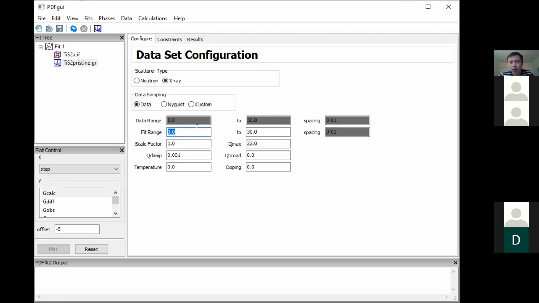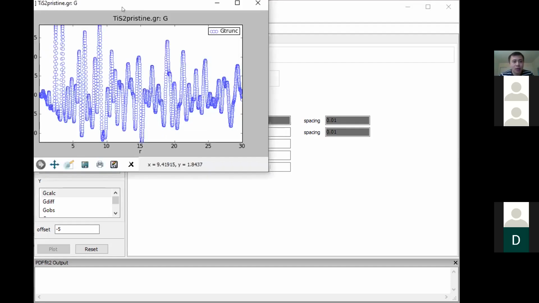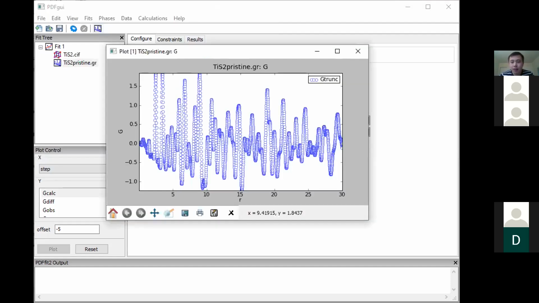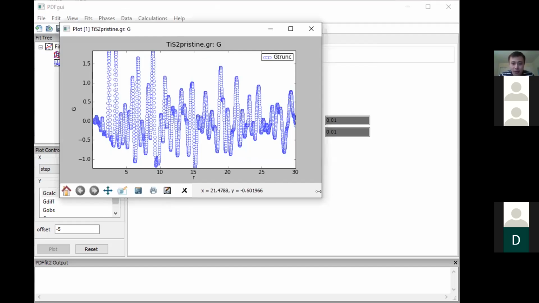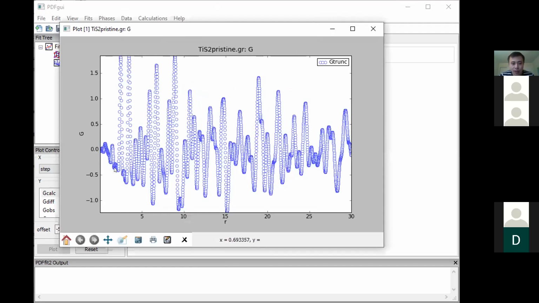So normally we can check how the data looks. You click on this button, which is a plotting. So this is how the data looks. This is typical PDF data. We see this kind of slope, which indicates the background for the PDF. And we have these oscillations, right?